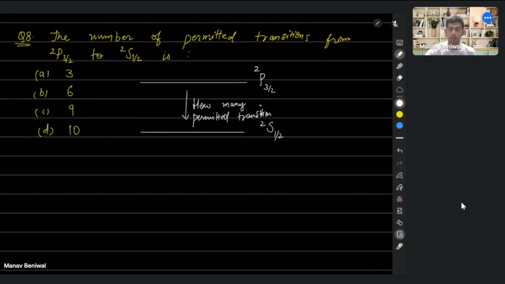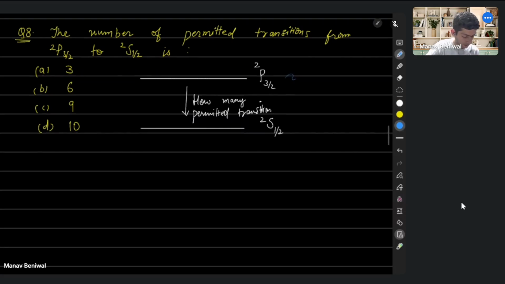How many permitted transitions? So for 2p3/2, j is 3/2, and here j is 1/2.